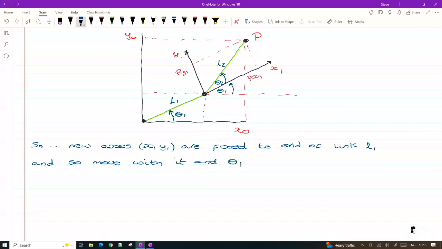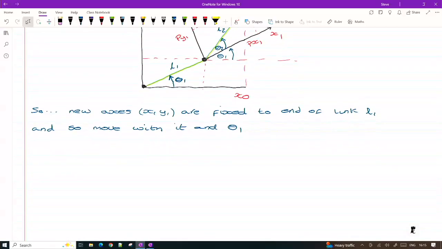Okay. So the aim of our approach is the same now. We want to find the coordinates of our point P with respect to our fixed base coordinate system, so that's the x0, y0.